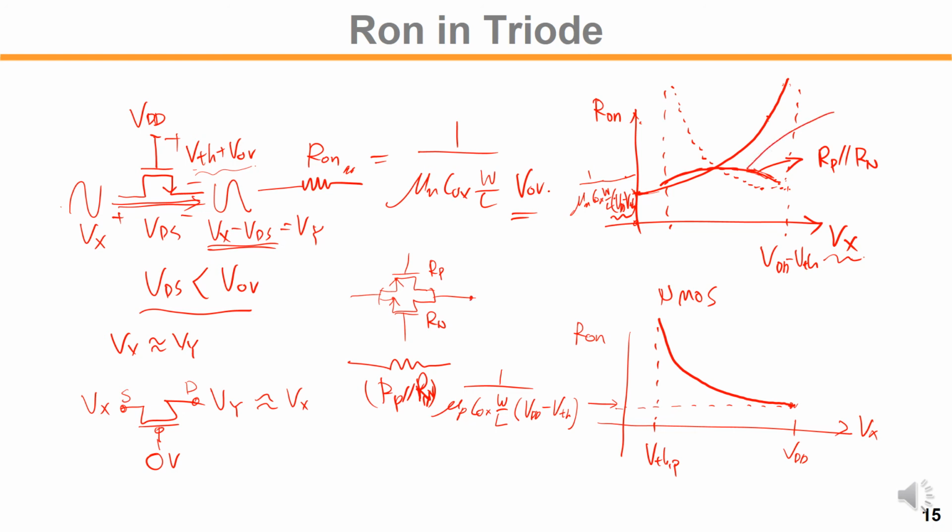But here it has improved, yet it is still a non-linear resistor. So how can we implement a resistor in CMOS amplifiers or whatever analog circuit? Typically a linear resistor is implemented not by the transistor.